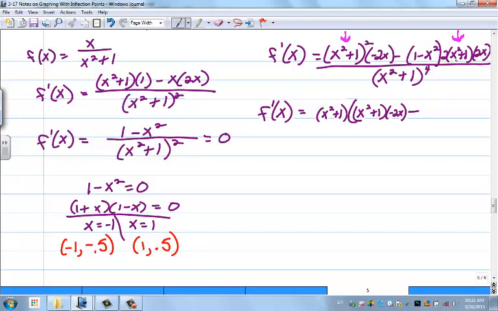It's gone. There's only one factor of x squared plus 1 in that second term. So I'm left with 1 minus x squared times 2 times 2x. And then in the bottom, I have x squared plus 1 to the 4th power.